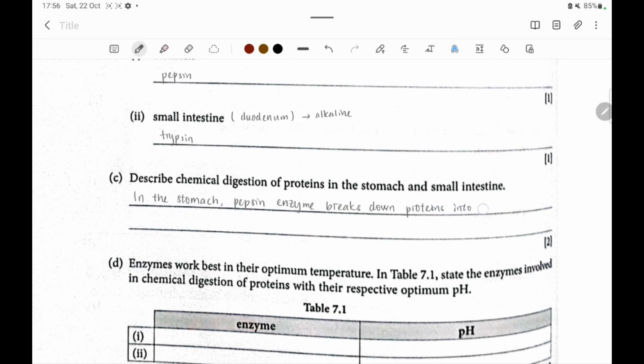into peptides. So they break down into peptides first, and then after that only break down again into a further breakdown into amino acids.